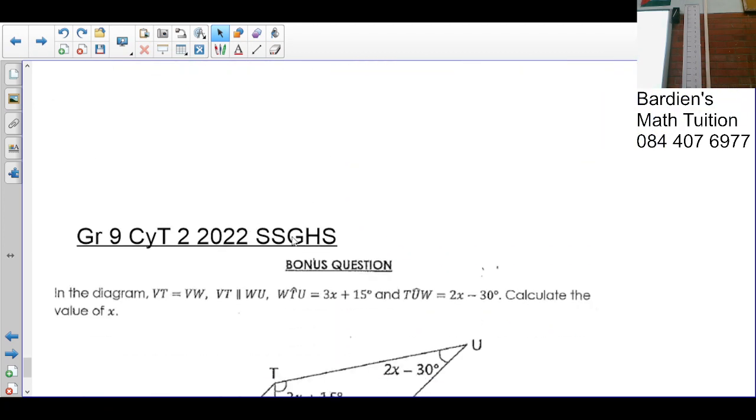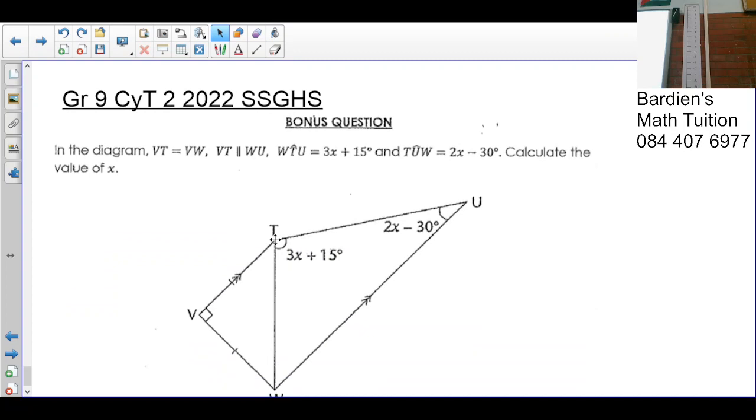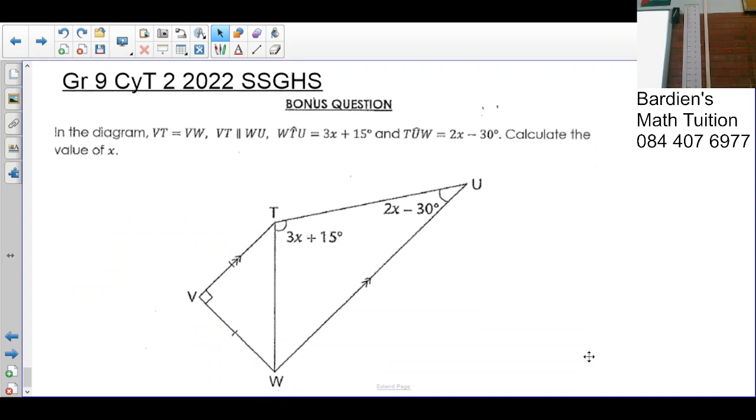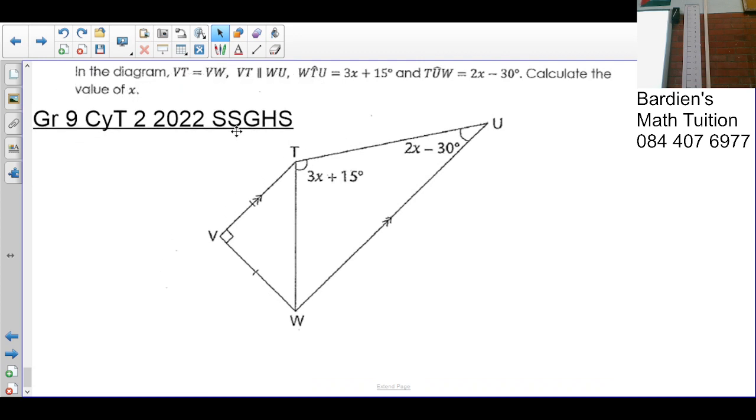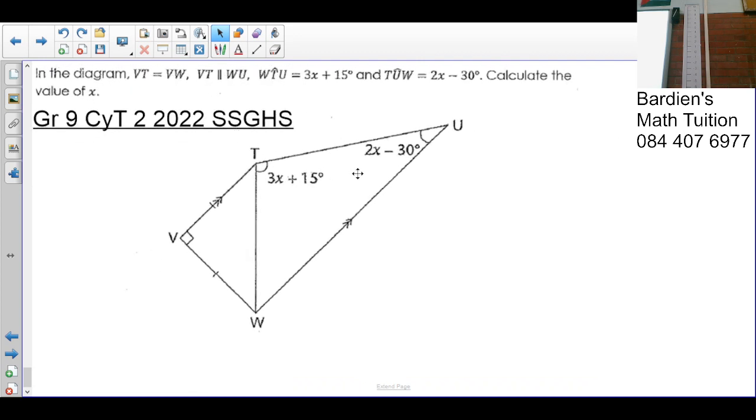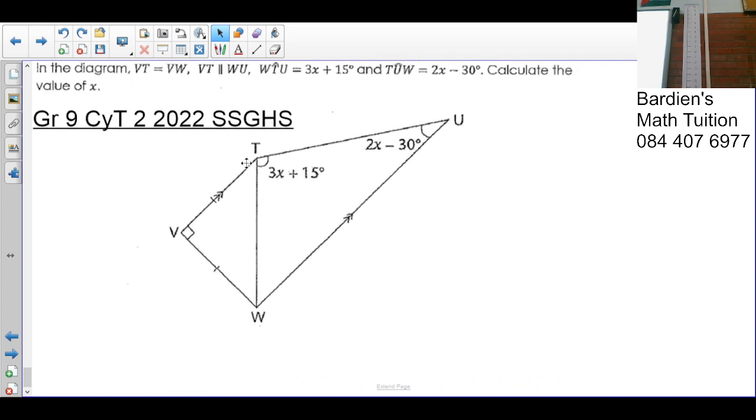Then you had a bonus question. Okay, in the bonus question we are told that in the diagram VT is equal to VW, which means to say that that angle there is equal to this angle.